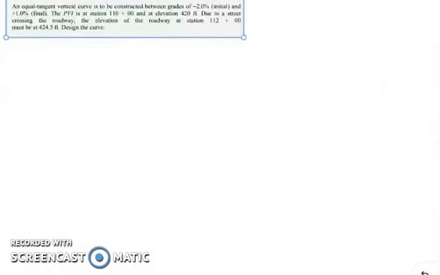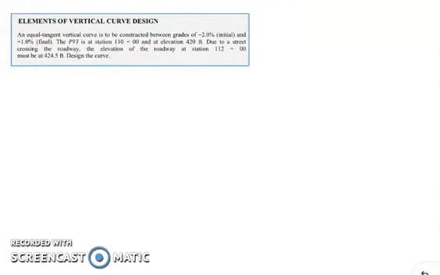So we are going to identify the length of the curve which is required to ensure that station 112 plus 00 is at elevation 424.5 feet. To start with our solution, we make use of our parabolic equation, which is y is equal to ax squared plus bx plus c.